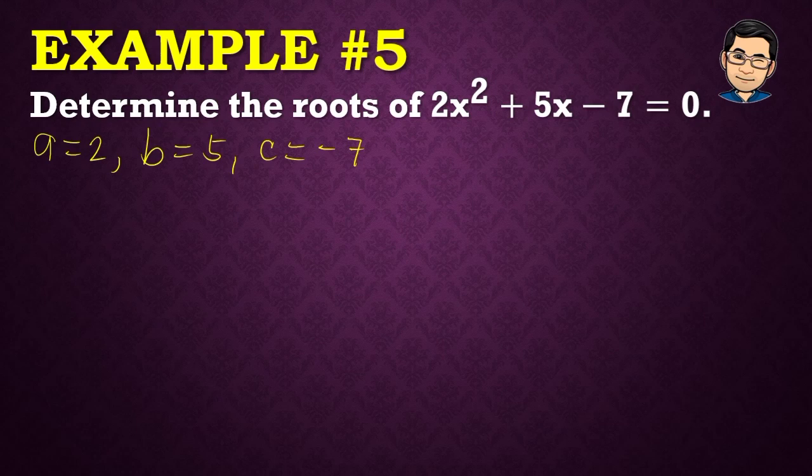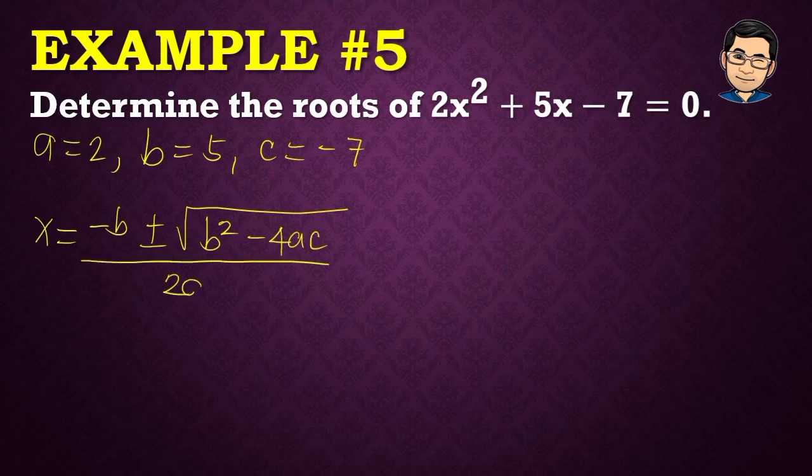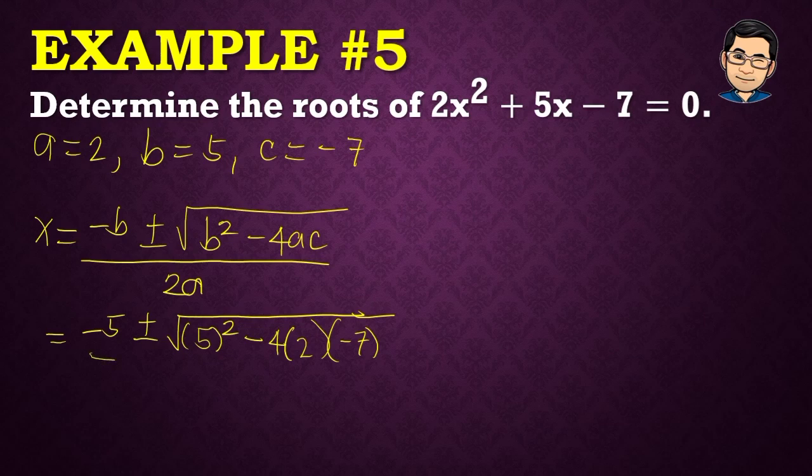Okay? Next, applying the quadratic formula, negative b plus minus the square root of b squared minus 4ac all over 2a. The value of b is 5, so negative 5 plus minus square root of b squared, that is 5 squared minus 4 times the value of a is 2, the value of c negative 7, and then all over 2 times 2.